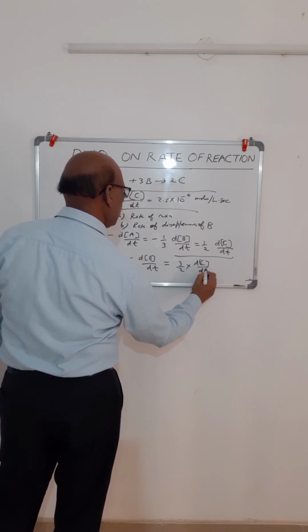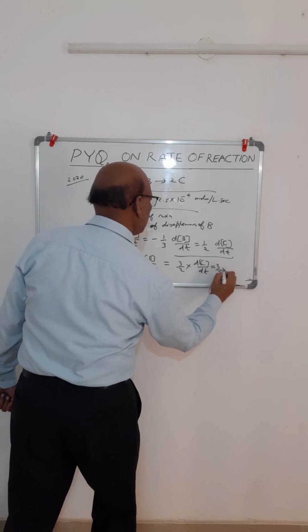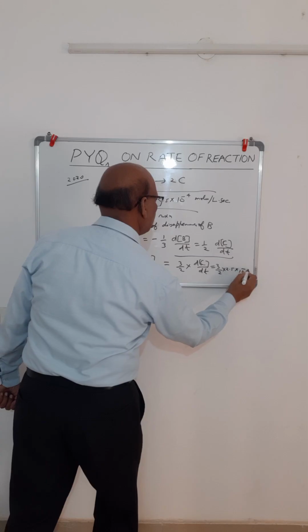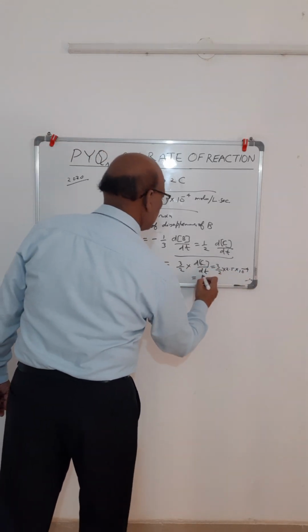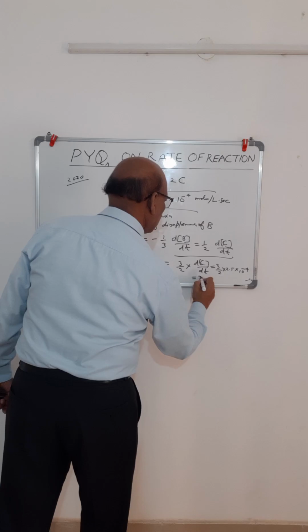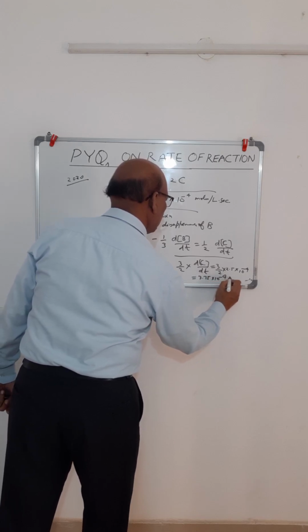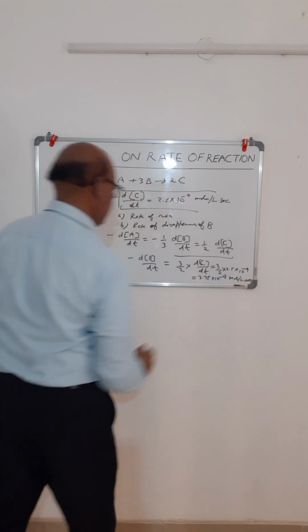Okay, and dC by dt is given to us, so this will be 3 by 2 into 2.5 into 10 to the power minus 4, and this will be coming 3.75 into 10 to the power minus 4 moles per liter second. So that is the answer.